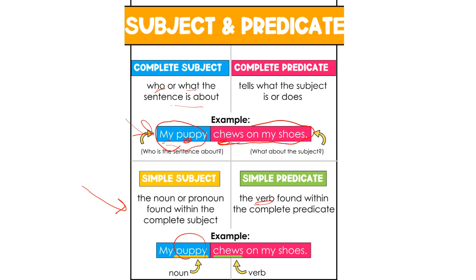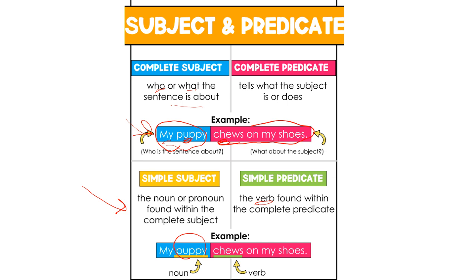Subject and predicate. In any sentence we have a simple subject, simple predicate, complete subject, and complete predicate. If you look here, you will see that a complete subject tells you who or what the sentence is about, like, for example, my puppy in this example.